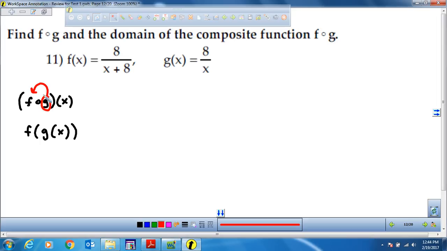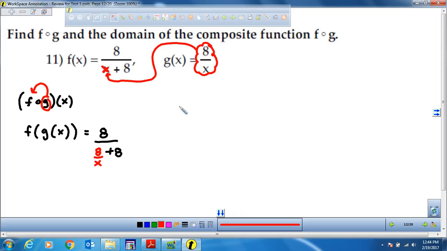So we're going to substitute the function g in every x of the function f of x. This function g is going to be replaced into the x right here of the function f of x. So that's what x is going to become, 8 over x. So my f of g of x is going to look like this function, 8 over x plus 8, but that x is going to be replaced with the function g, which is 8 over x.